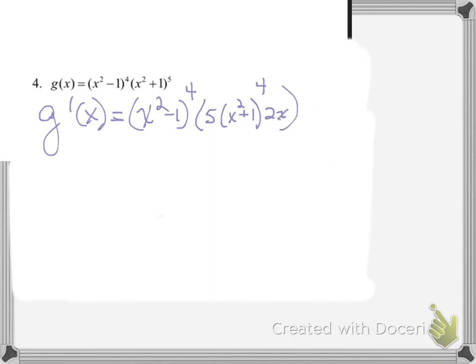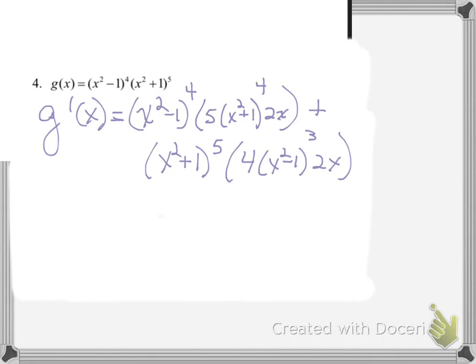Okay, and then plus, down here, I'm going to do right d left. Here comes the power rule. Don't forget your power, and don't forget your chain rule. Okay, so let's clean that up.